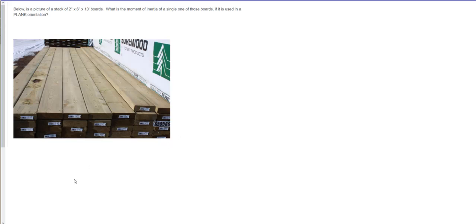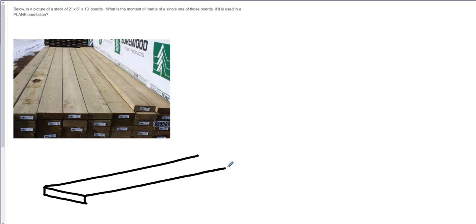The most important thing to remember is that plank orientation refers to a board that's laying like a diving board or a plank, like walk the plank. So that was the first thing, that's plank orientation.